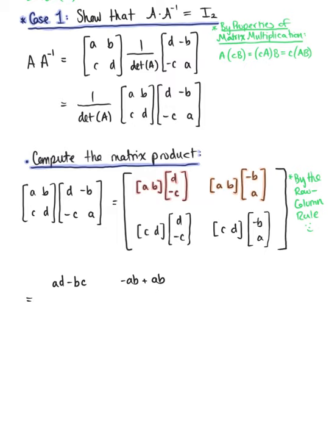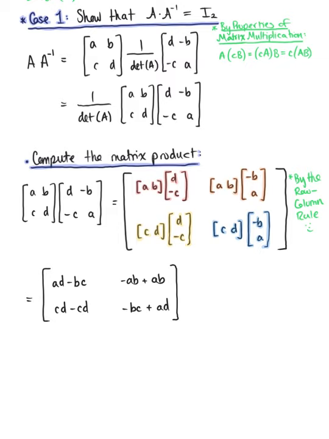Moving to the second row, first column, we have C times D plus D times negative C, or minus CD. And last but not least, second row, second column, we have C times negative B, or minus BC, plus scalar D times scalar A. Beautiful. And again, that was by the row column rule for matrix multiplication.